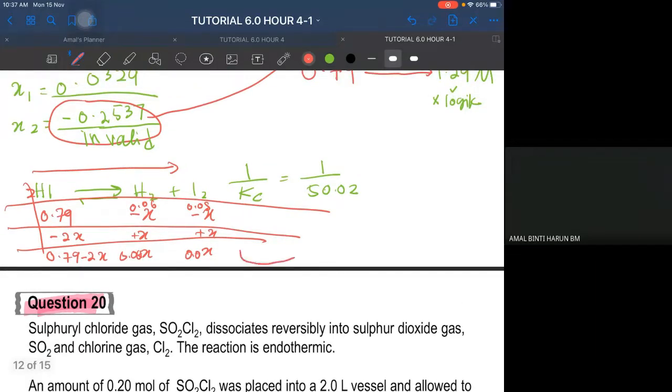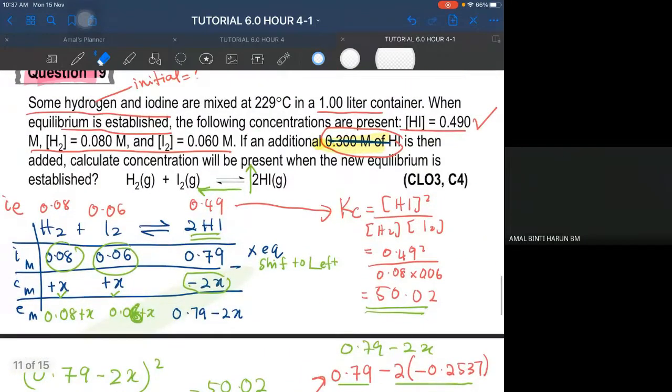Tapi you boleh substitute tak masuk dalam Kc ni? Boleh. But your Kc is 1 over this one. That's why I mentioned to you, dia boleh banyak cara. You punya pemahaman tu boleh, you nak shift ke mana-mana pun boleh. You nak assume dia adalah product reactant tak kisah, sebab dia reversible. Tetapi kalau daripada soalan dia bagi awal-awal macam ini, I just use the value Kc is what question give to us.